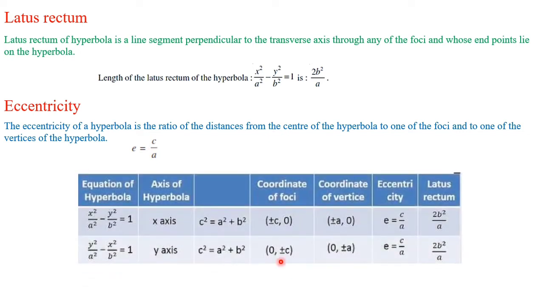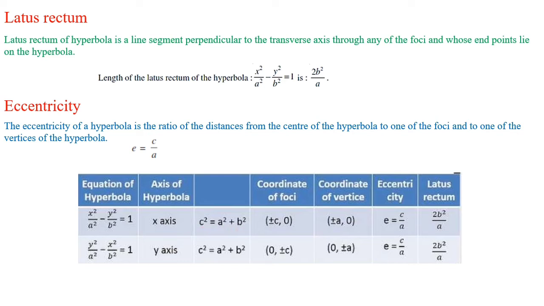When we summarize all the terms we have learned so far, we have 2 equations: x square by a square minus y square by b square equal to 1, where the transverse axis is the x-axis, and y square by a square minus x square by b square equal to 1, where the transverse axis is the y-axis. The relation between a, b and c, which we have to keep in mind, is c square equal to a square plus b square.